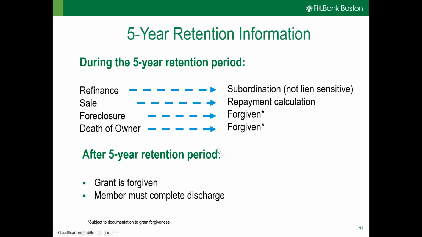All right, so during the 5-year retention, we're going to talk about refinancing. We're not lien sensitive, so you can request the subordination. If the homeowner decides to sell before the 5-year retention period, repayment may be due, and the Federal Home Loan Bank does that calculation.